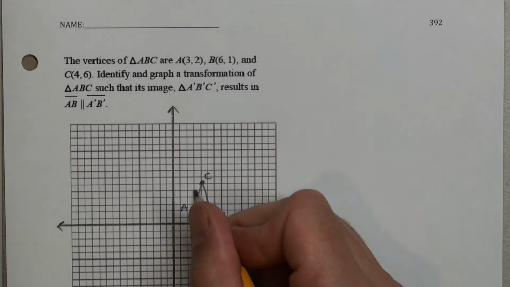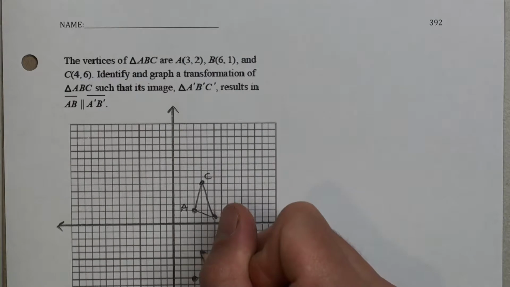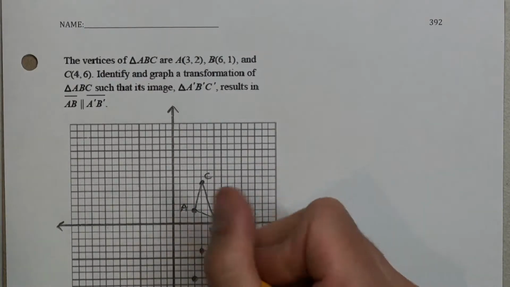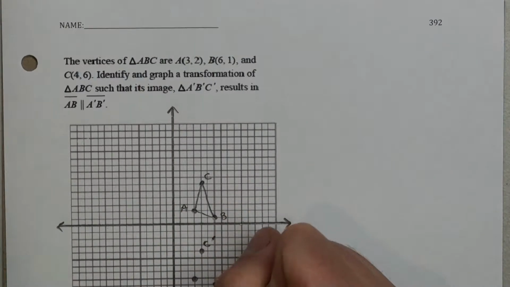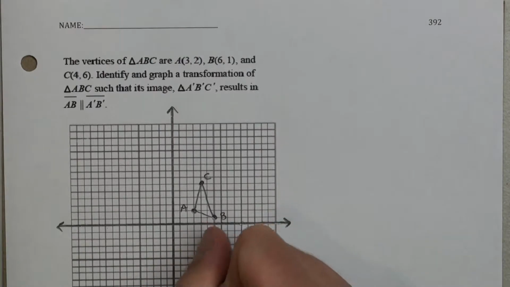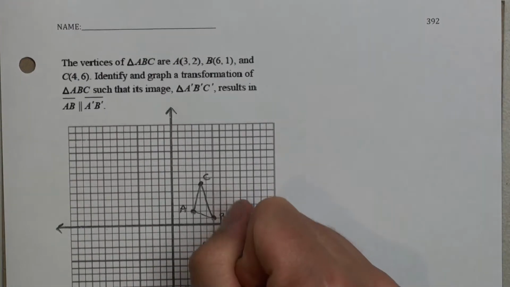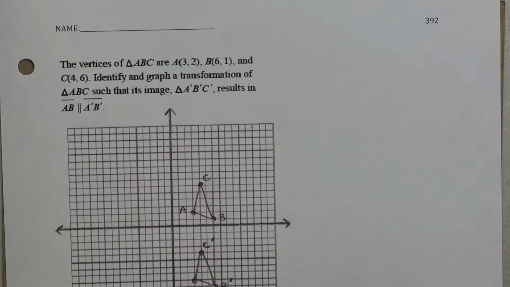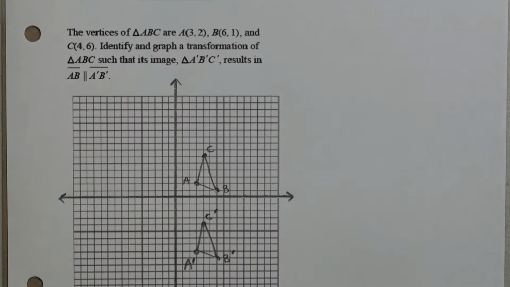And this one is 1, 2, 3, 4, and 1 over. So there you have it, C prime, B prime, and A prime. That's how I chose to move it. And you can see that AB and A prime, B prime are parallel.